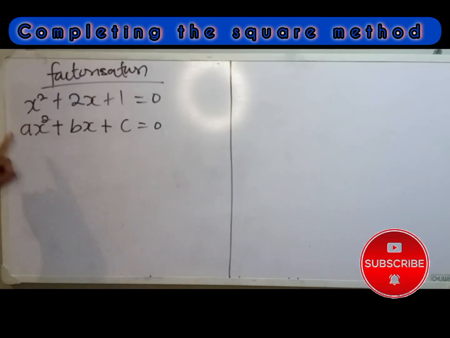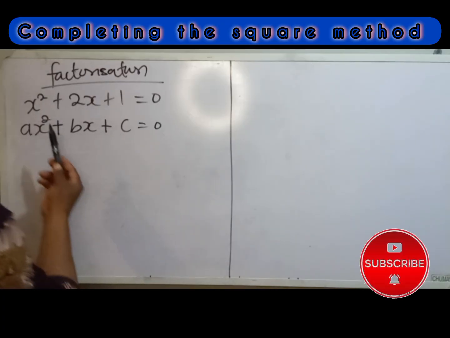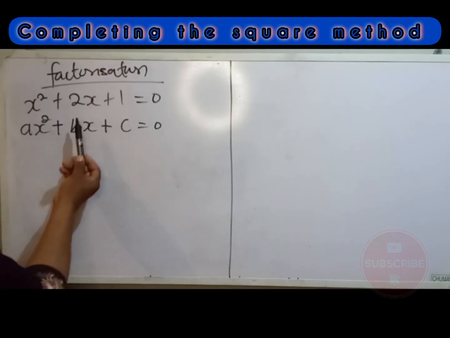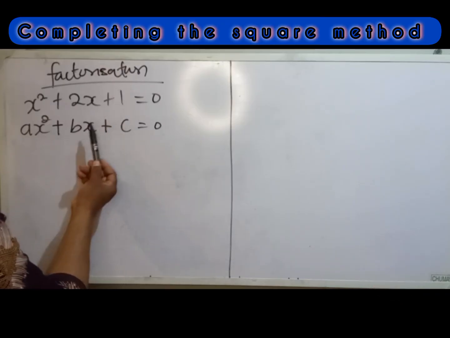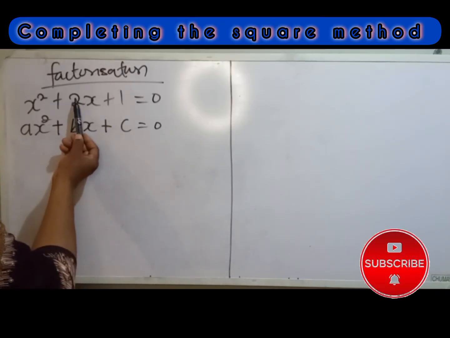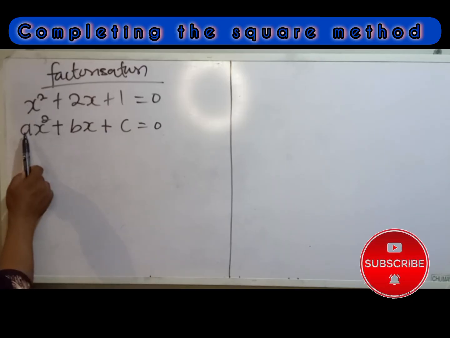So we can compare this. We can see the trinomial: we have this term, this term, and this. The 1 here represents the constant. We have our x, and we have 2 here representing the b. Then we have our x squared, and we have our a.